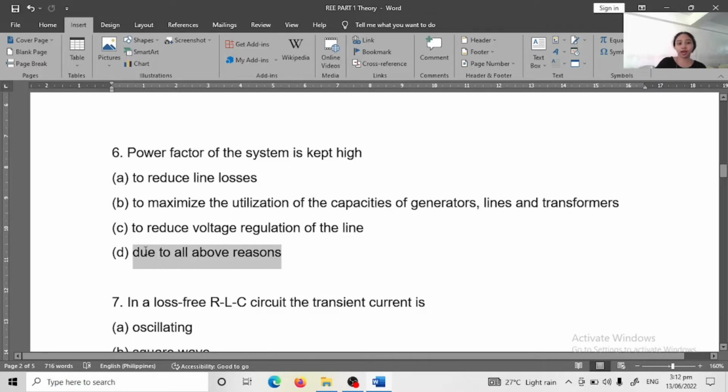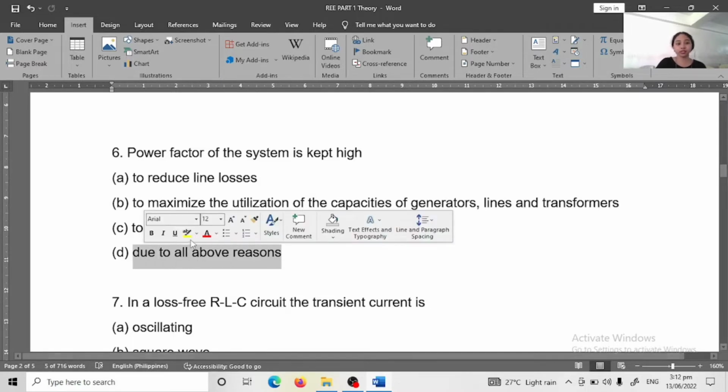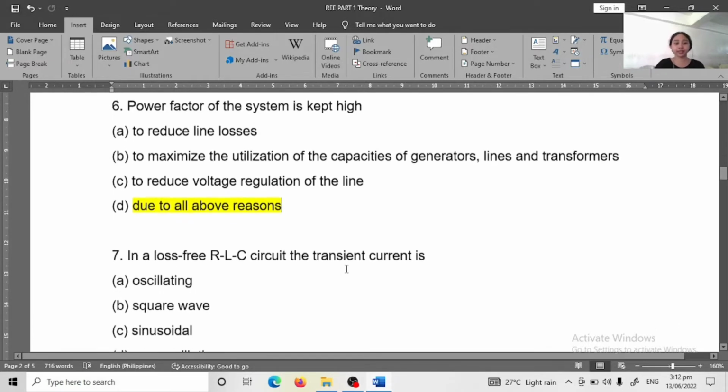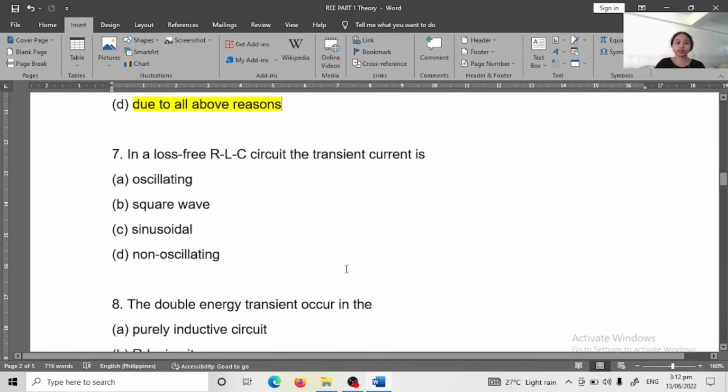If you have a high power factor, you will reduce the line losses. If you have, for example, 0.9 power factor, it reduces line losses, maximizes the utilization of the capacity of the generator, lines, and transformer, and also reduces the voltage regulation of the line. So we'll proceed to question number seven.